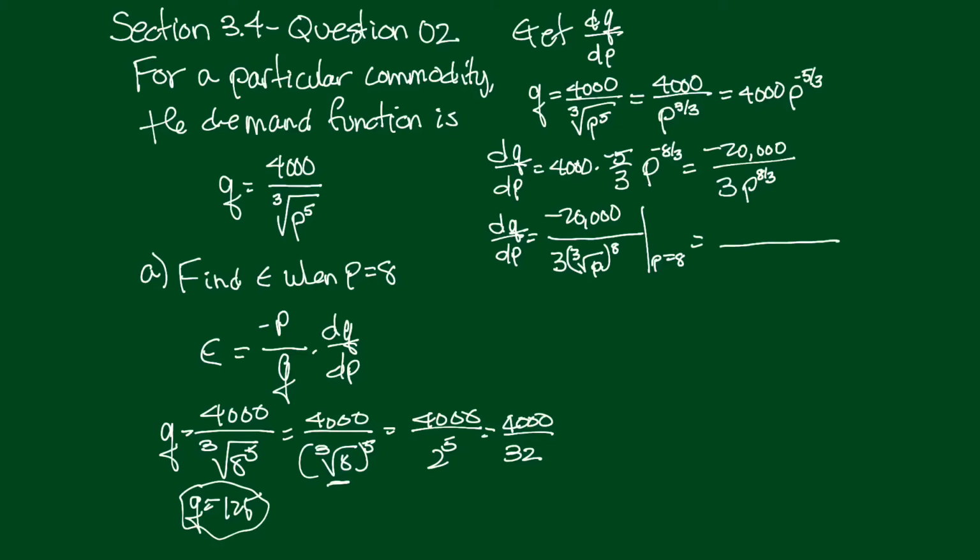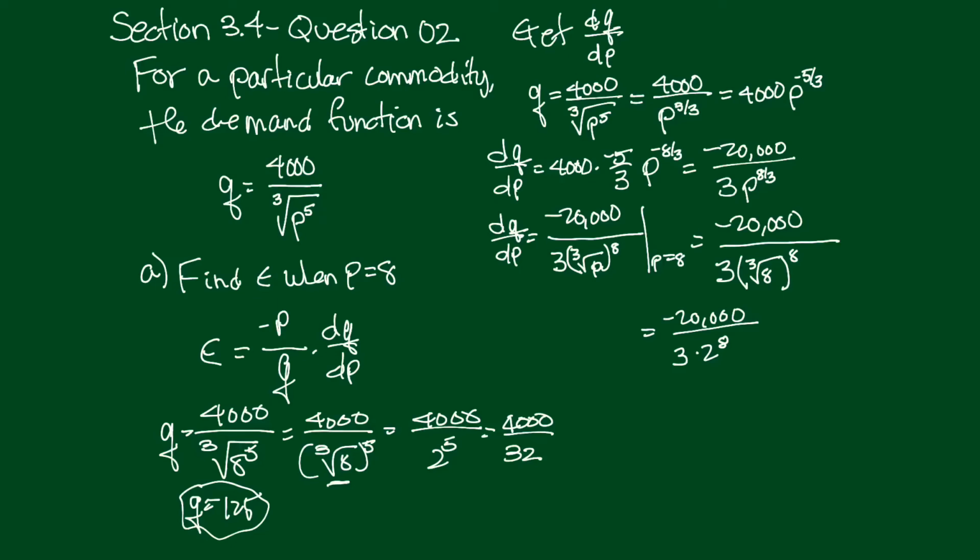This will give us negative 20,000 over 3 times, now, here's where we are. What's the cube root of 8? Okay, I'll go ahead and fill it in here. It's going to be the cube root of 8 all to the 8th. So this will be negative 20,000 over 3 times, cube root of 8 is 2, 2 to the 8th.